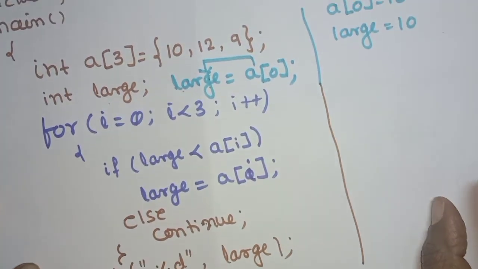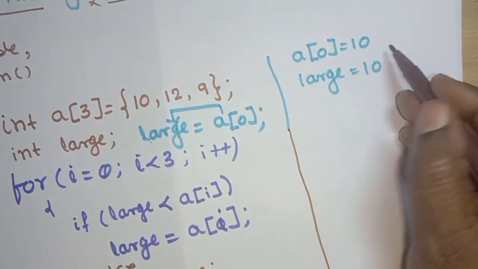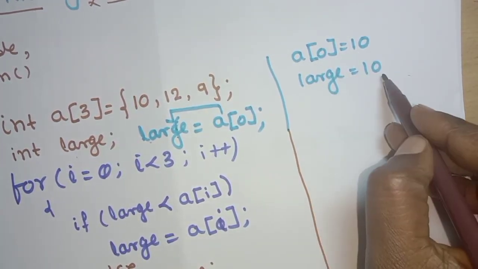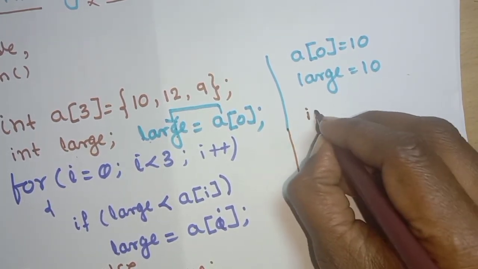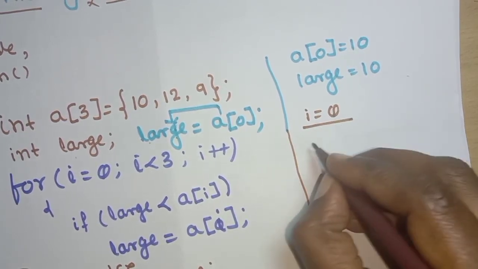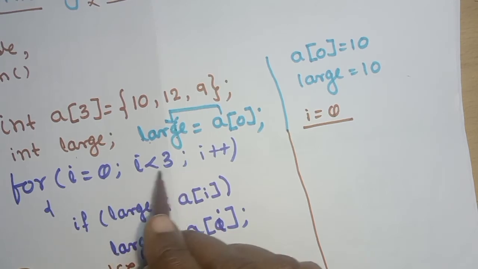You see here what I told. Just I will write the analysis. a[0] is equal to 10, large is equal to 10. Just I will show one or two. First, for i is equal to 0, the condition is true, 0 is less than 3.